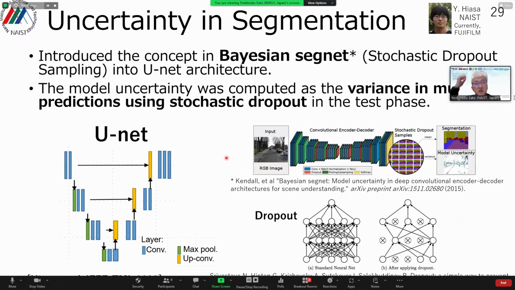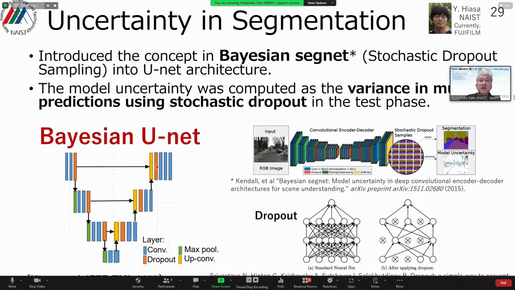This slide shows what kind of method is used to estimate uncertainty in segmentation. Actually, this idea was originally developed by Hinton, of course a very famous researcher, and first applied to picture segmentation, and then our student applied it to UNet like this.